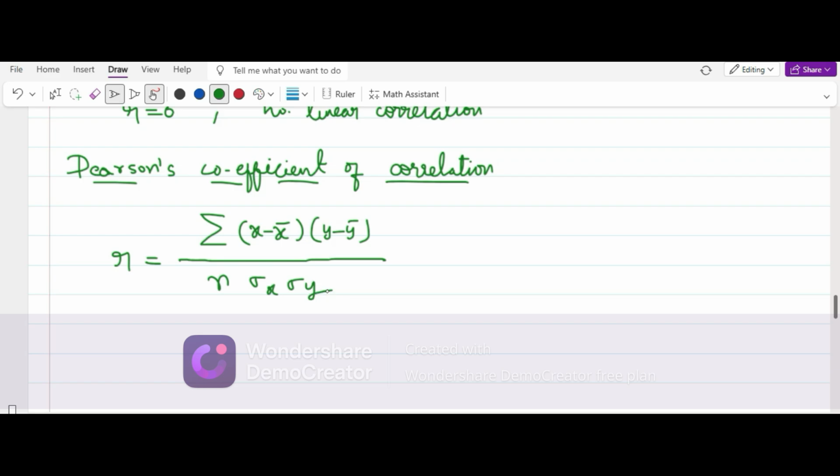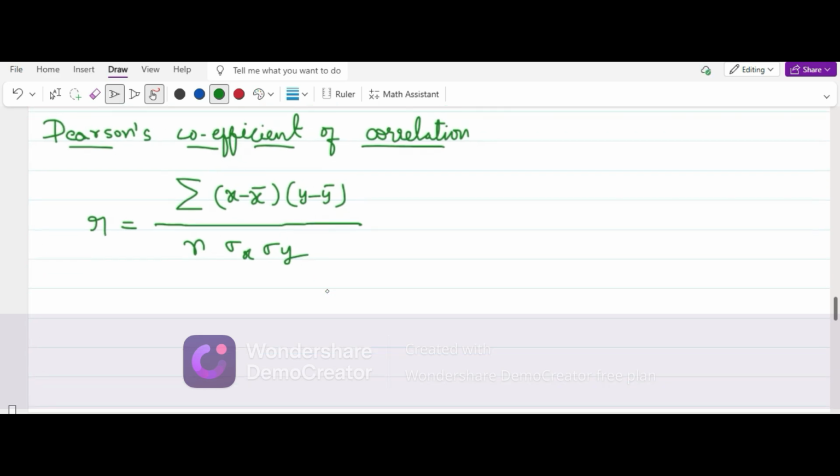This is Pearson's coefficient of correlation, where I can substitute capital X equal to x minus x bar. Here x bar is the point on the regression line; I will tell you what x bar is. And I can substitute capital Y equal to y minus y bar.